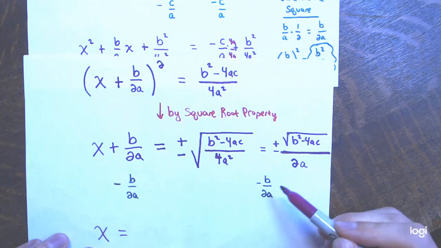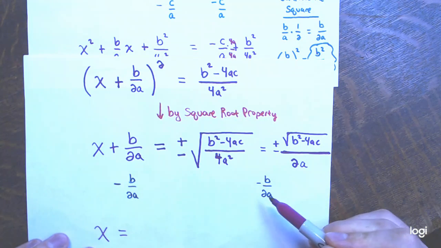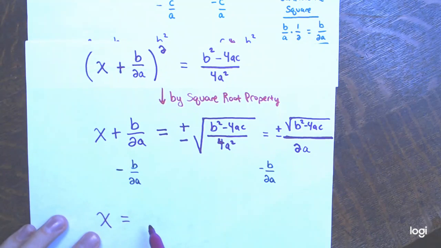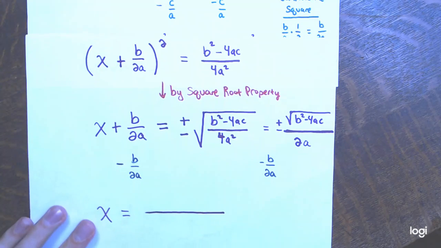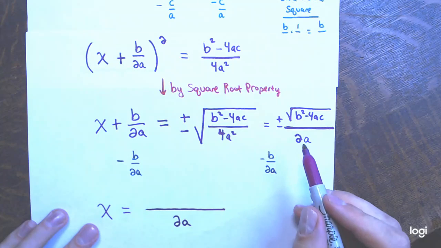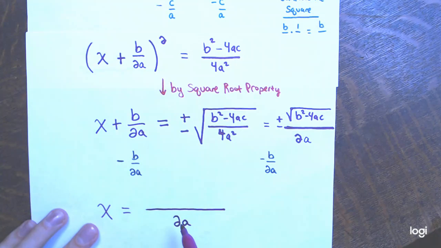But notice they both have the same denominator of 2a, so when I'm adding or subtracting them, they can go together. That denominator will be the denominator of the sum or the difference.